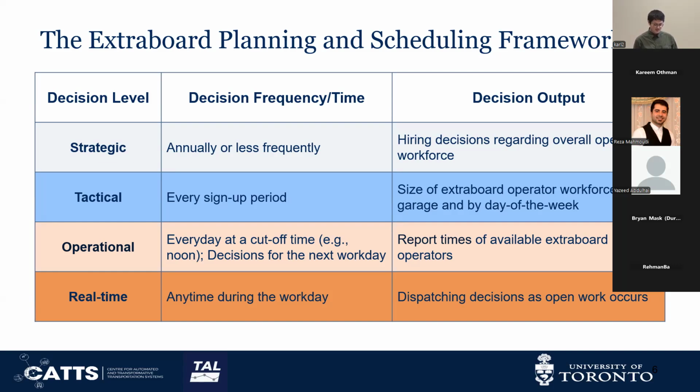At a lower level, we have operational decisions. These are about deciding the report times for the available extra board workforce. The report time is essentially a time where you ask each extra board operator to show up at the garage and wait for further assignment decisions.